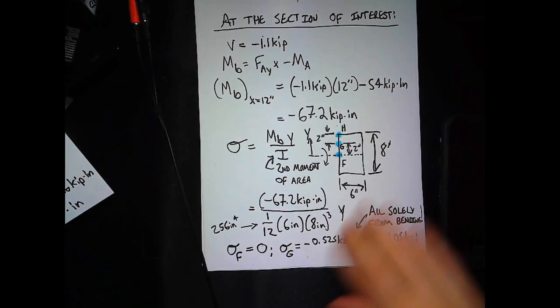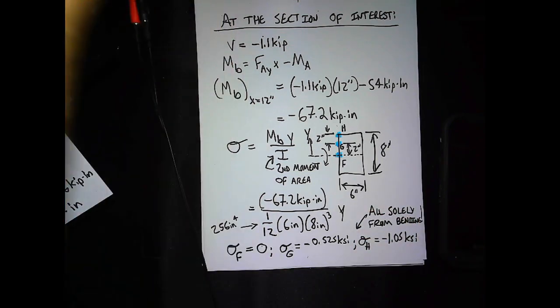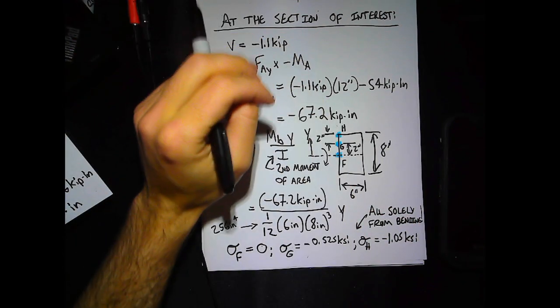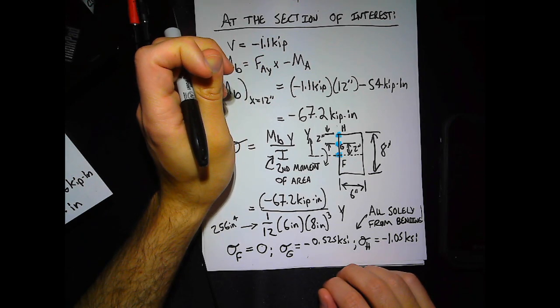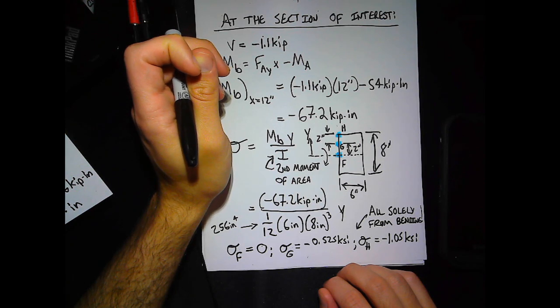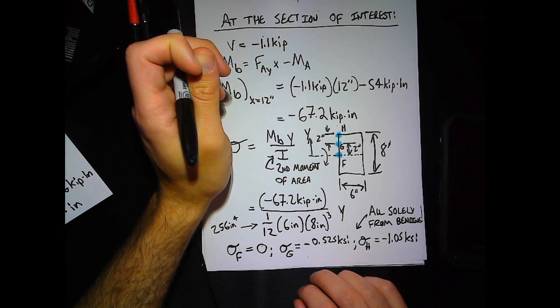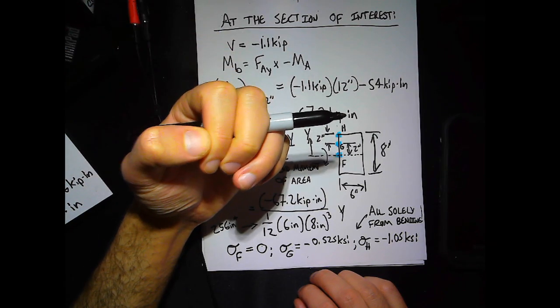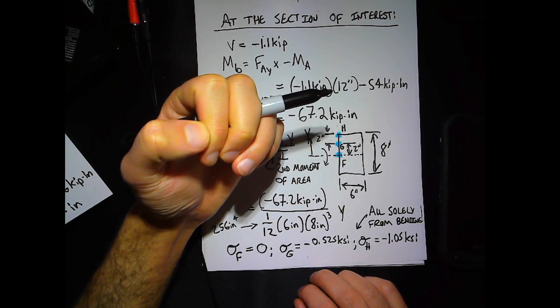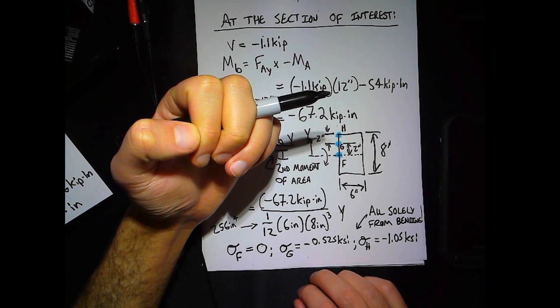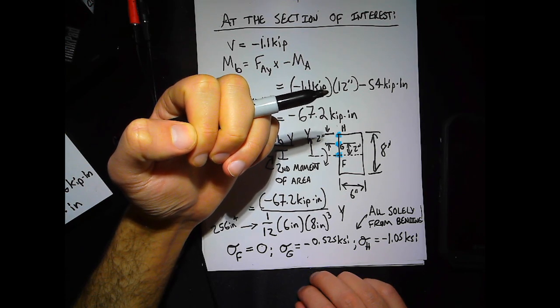If I looked at how I derived bending stress in the first place, y in the positive y direction was originally towards the outside of the curve.